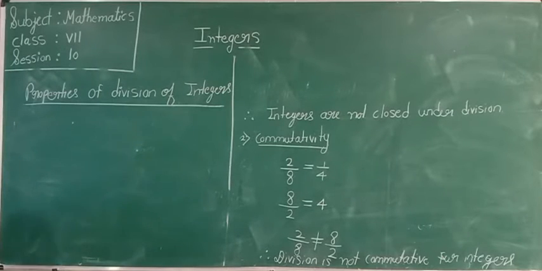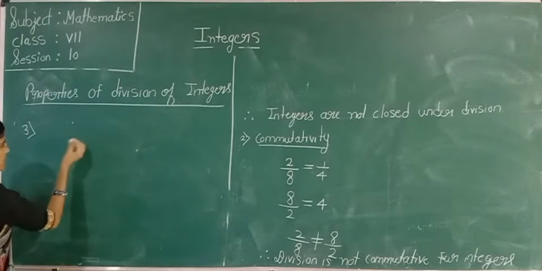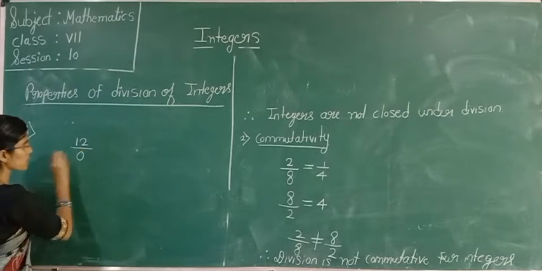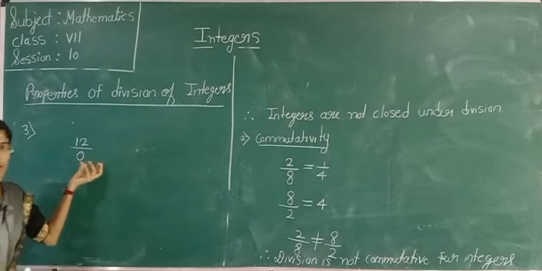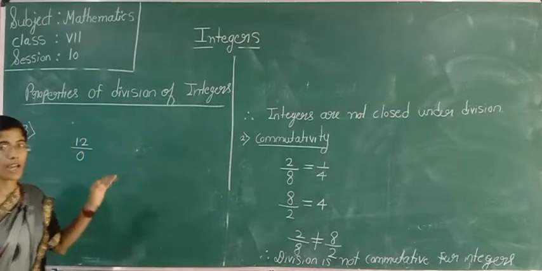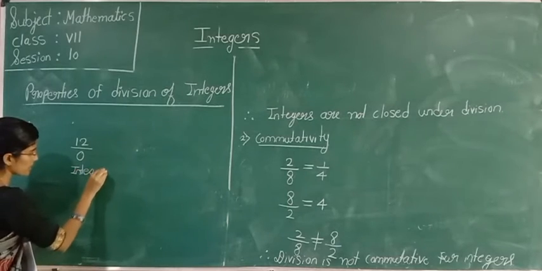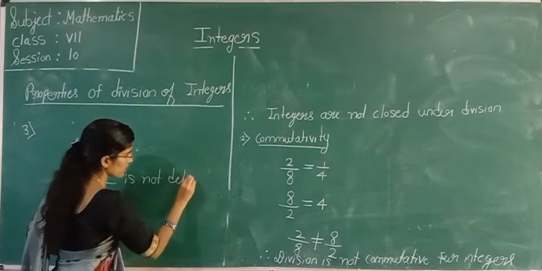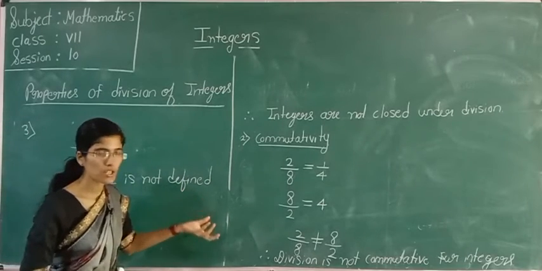We know that any whole number divided by 0 is not defined. Suppose I take 12, a whole number, right? 12 divided by 0 is not defined. In the same way, any integer divided by 0 is not defined.